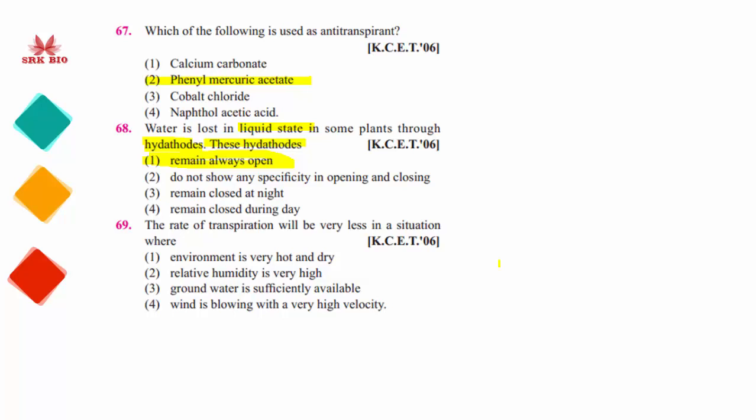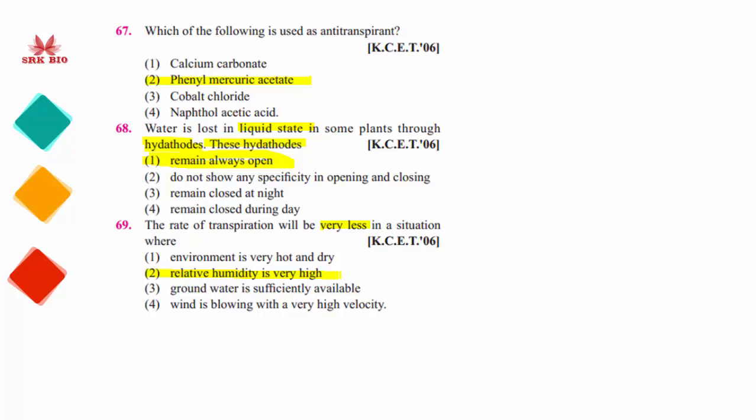So what is asked in the question? The rate of transpiration will be very less if relative humidity is very high. If the moisture content in the atmosphere is very high, then the rate of transpiration is very less. High temperature, very hot and dry environment, high wind velocity, these factors promote the rate of transpiration.